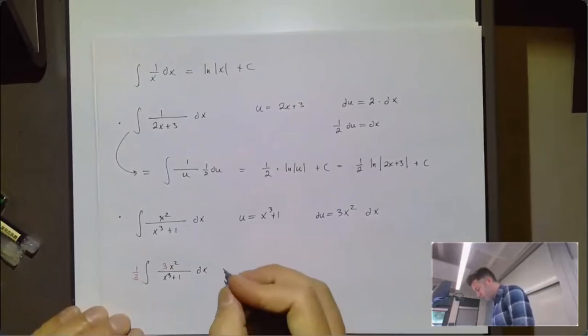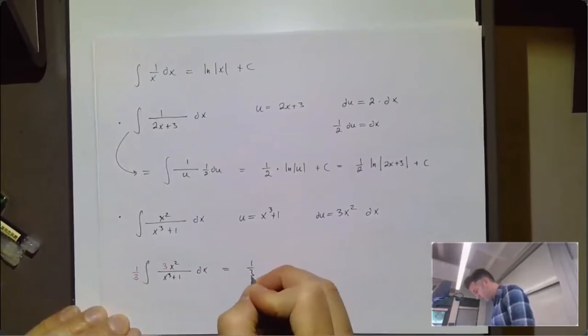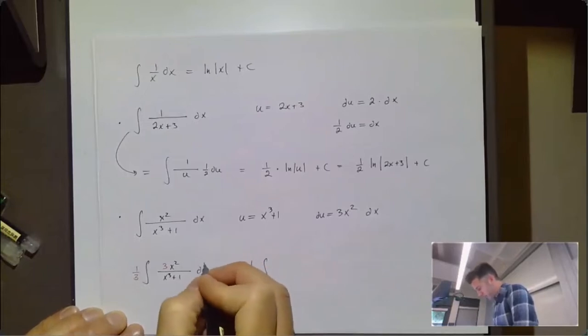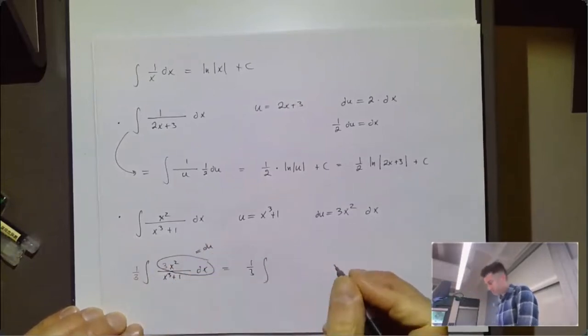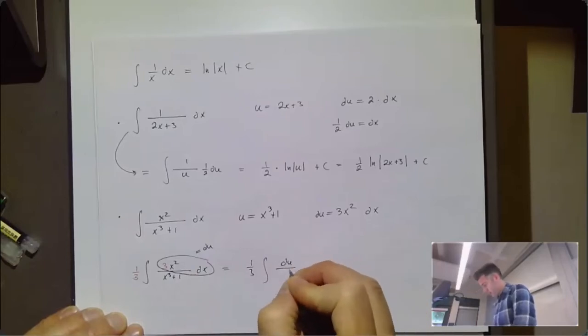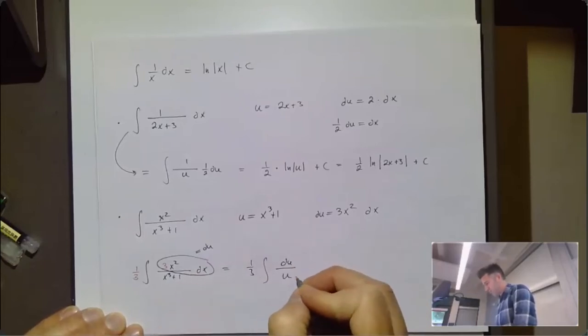So then, oh, look, I have a 1/3 times the integral of my 3x squared dx, which is exactly du. And my x cubed plus 1 is exactly u.